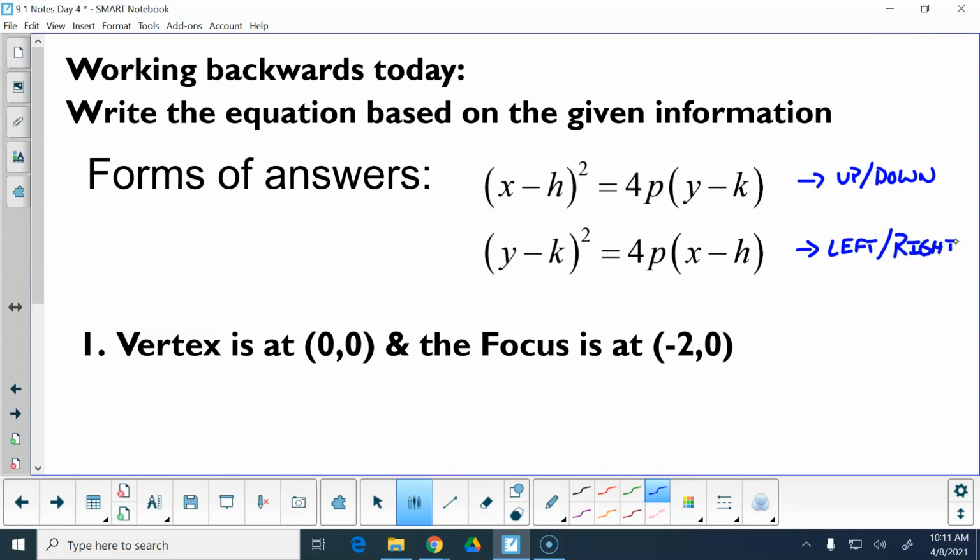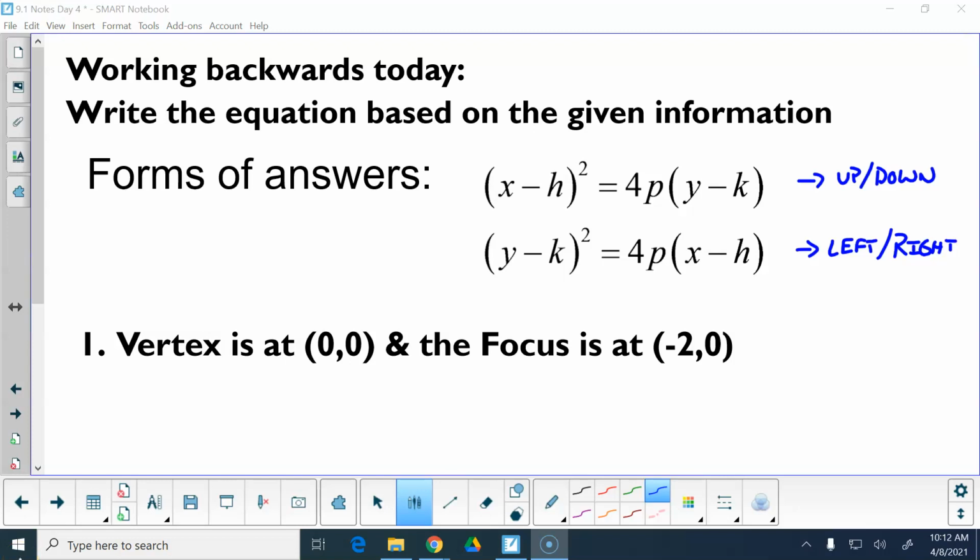And again, the 4p value would be negative if it opens left.